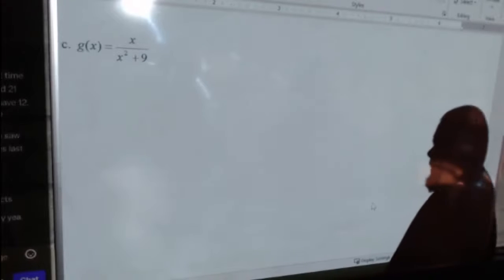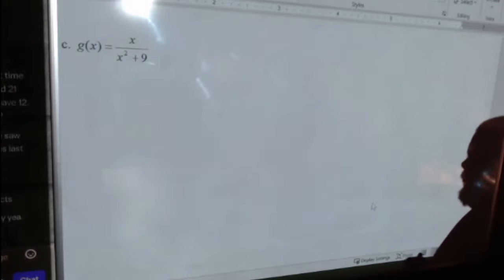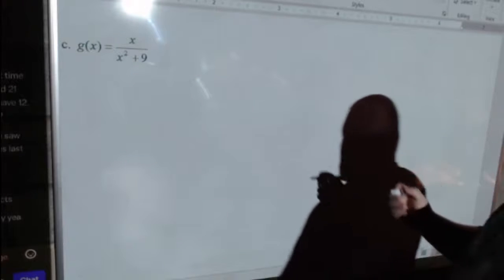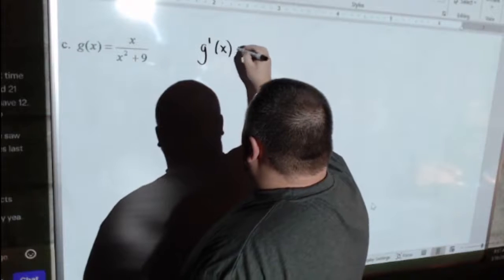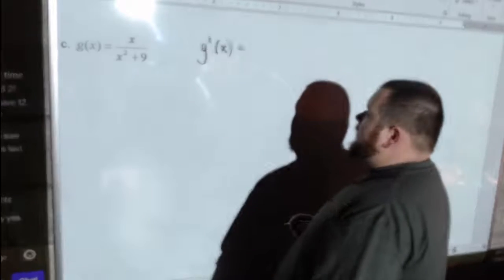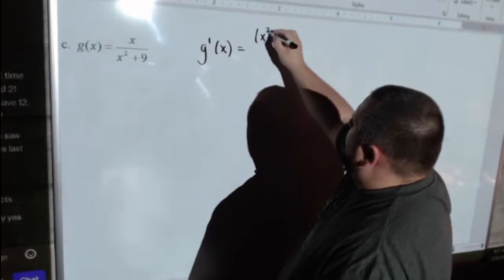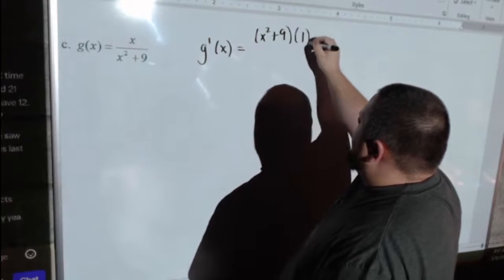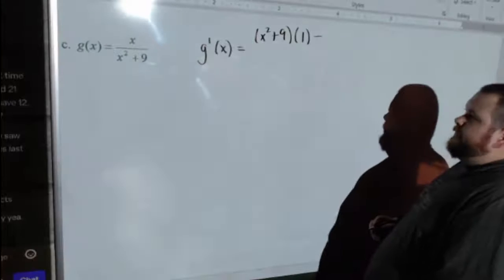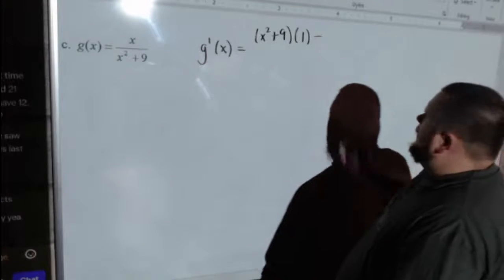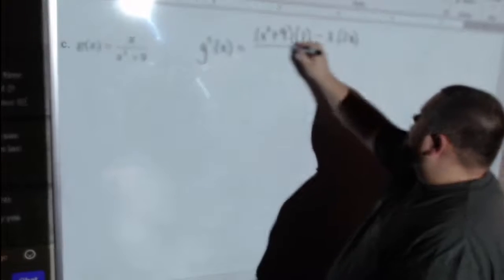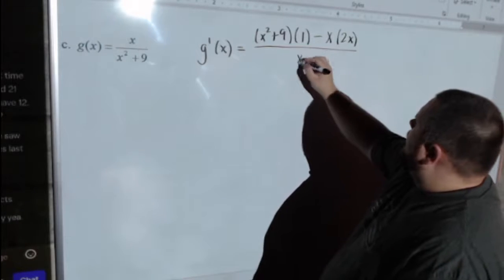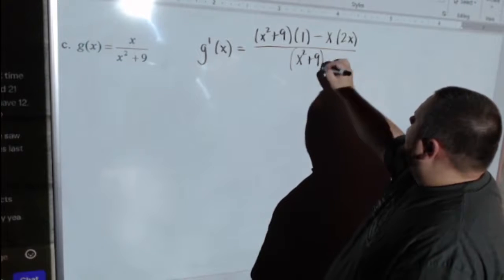So this one we're going to need the quotient rule. So let's find G prime. I need low times D high minus high times D low, all over low squared.